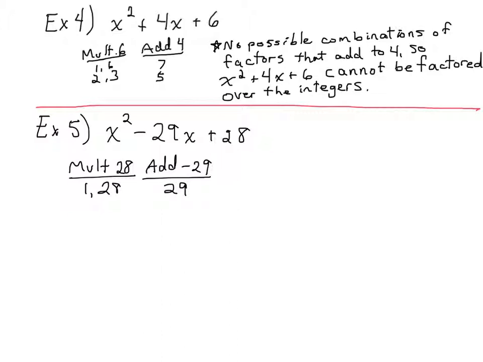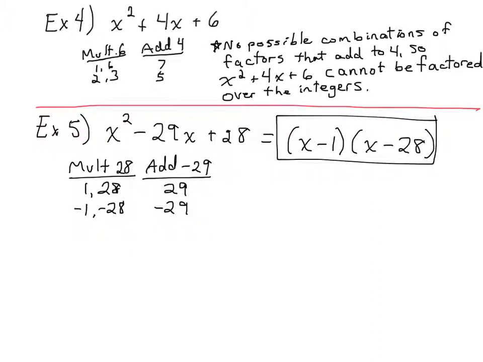So let's just look at these two numbers. If we need to add to a negative number, let's try negative 1 and negative 28 as our factors. They would add to negative 29, and then we have the one we need. They're the two integers that we need. So we can write our answer as x minus 1 times x minus 28.